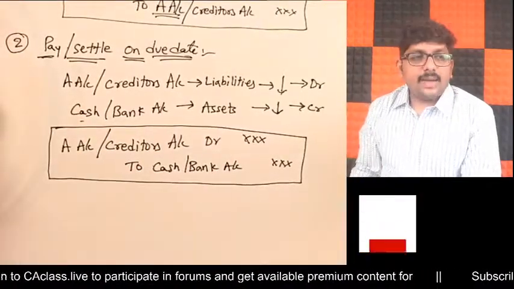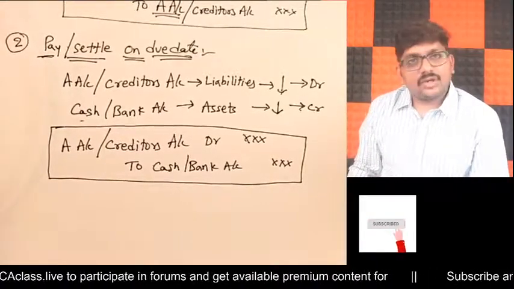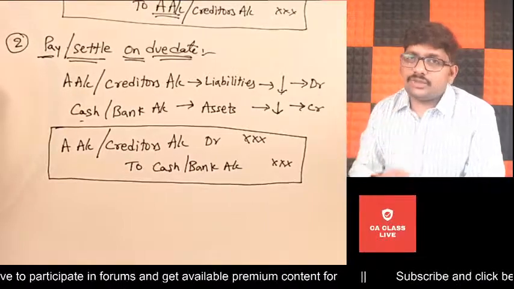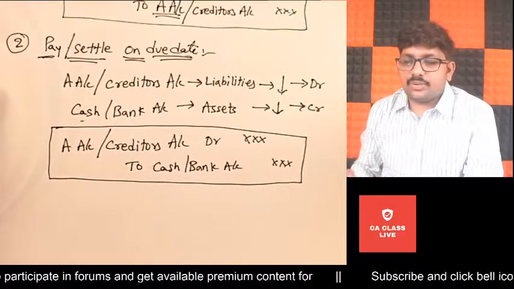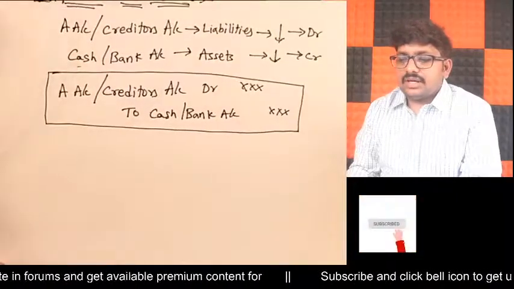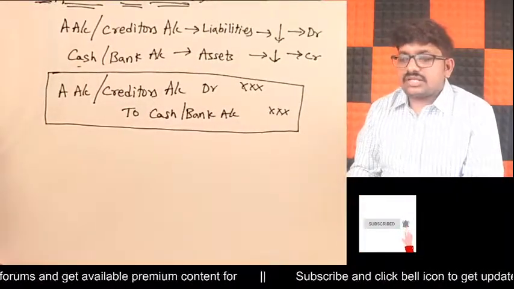Got it, my dear friends? That is how I make the journal entry when I settle it on the due date. It means I am paying my creditor on due date.